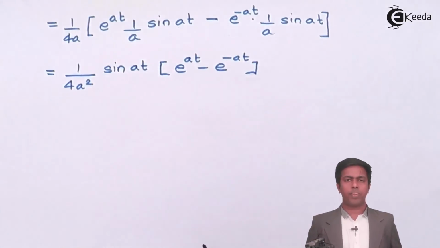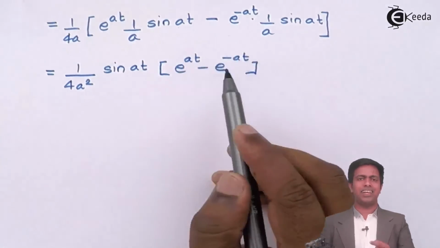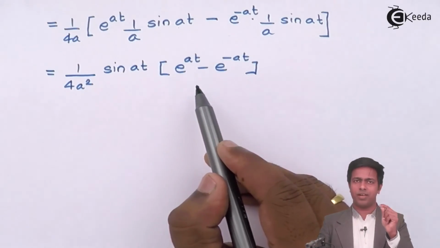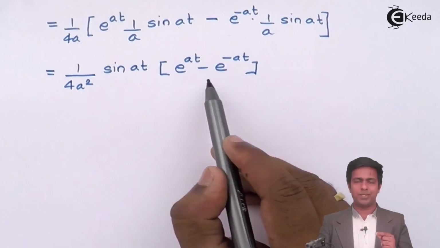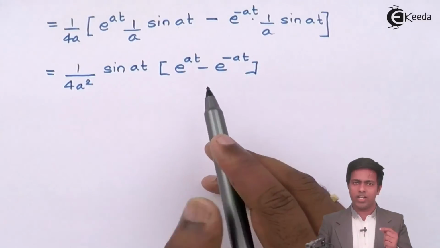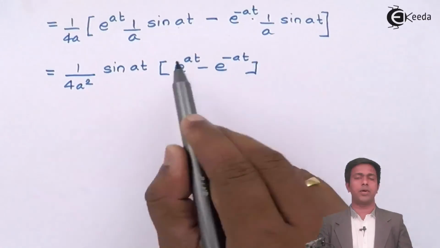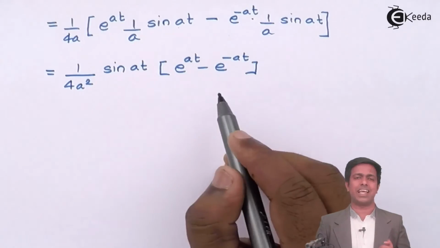And guys, now if you see this bracket, you must remember some formula. It is matching with Euler's formula. So if I divide this by 2, then it is nothing but the formula of hyperbolic sine at.